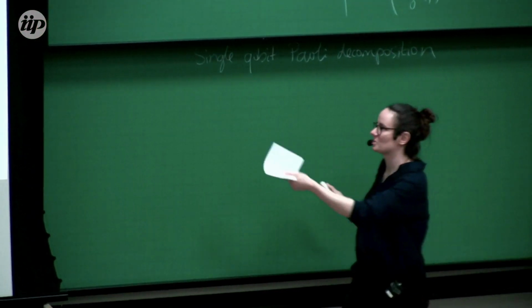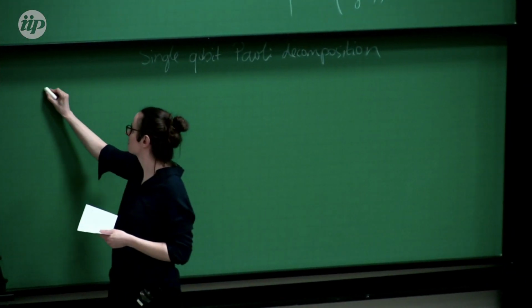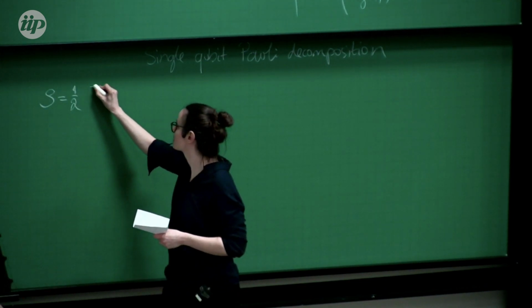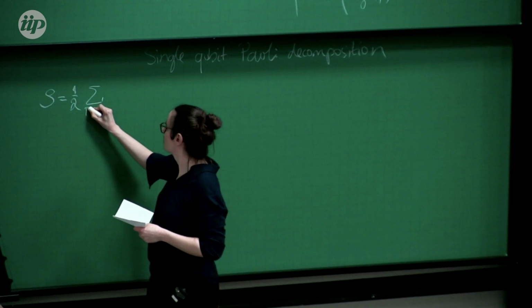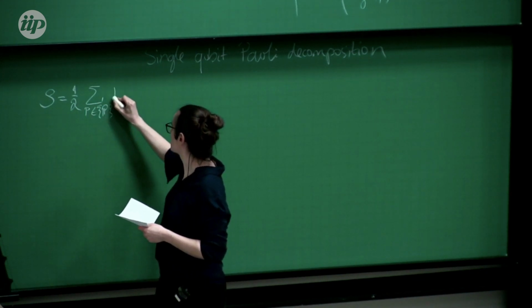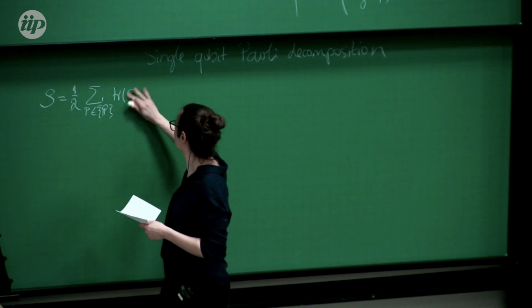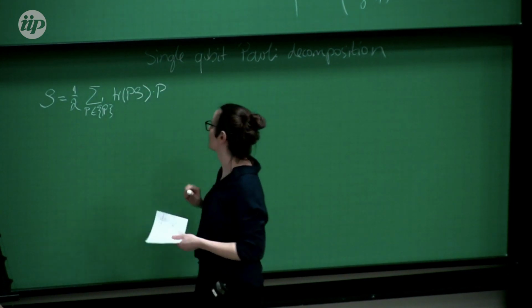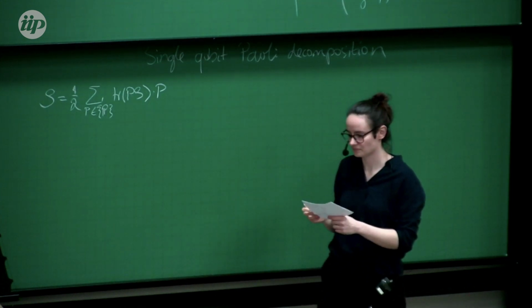I will just copy what I wrote there, so we can write every quantum state rho as 1/2 times the sum over all my Paulis times the trace of P rho, weighted with the Pauli operator.